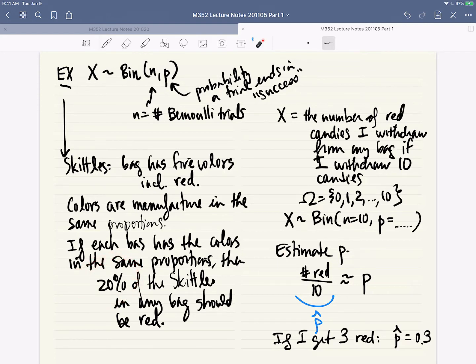That's how point estimates work. Continuing with this estimator, p hat, which is the number of red Skittles you draw out of a bag divided by the number of total Skittles you draw out of a bag, for example.